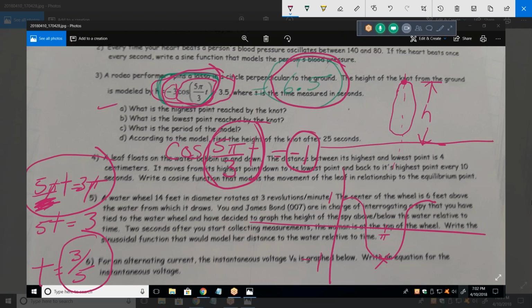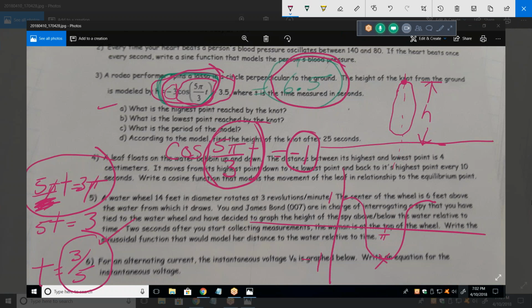In other words, they want to know what the highest point reached by the knot is. Well, we just figured out at what time that would occur. So what is that height? That's not really what they wanted.